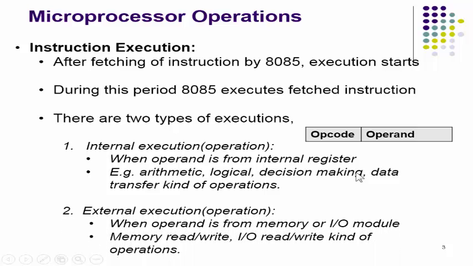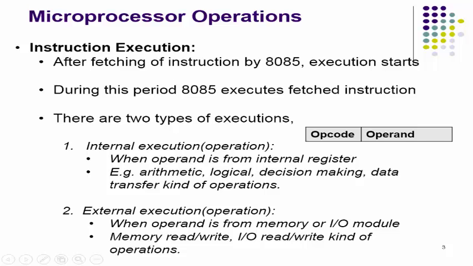The next type of execution is the external execution or external operation. If in the operand field you find an 8-bit or 16-bit address related to a memory operation, then external execution needs to be considered. So external execution is when the operand is from memory or an IO module or IO port address.